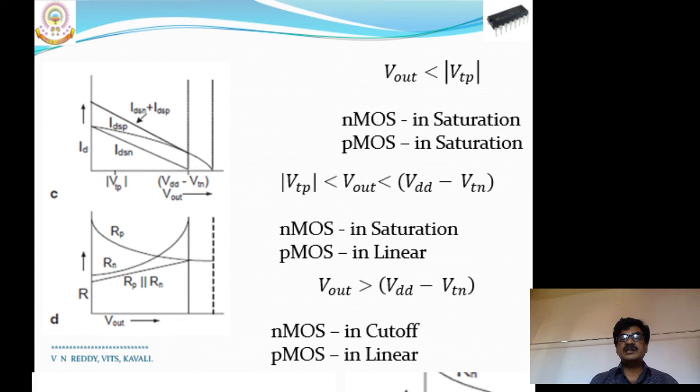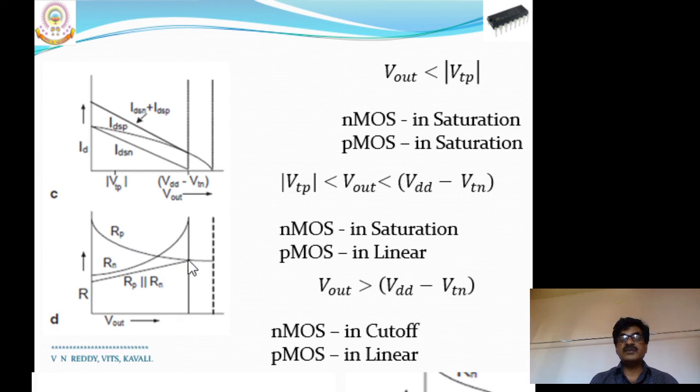With reference to these currents and operating modes of the Nmos and Pmos transistors with respect to output voltage, the corresponding resistances are like this. Here Rn represents the resistance variation of the Nmos transistor, whereas Rp is the resistance variation of the Pmos transistor, and this curve is the parallel combination of Rp and Rn, the equivalent resistance.